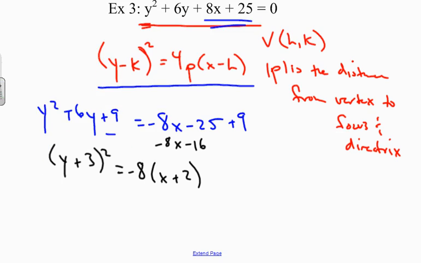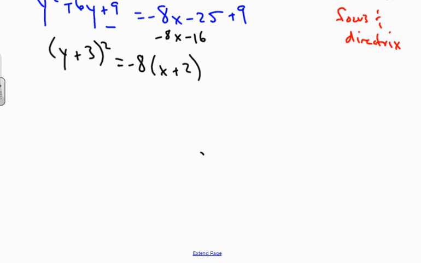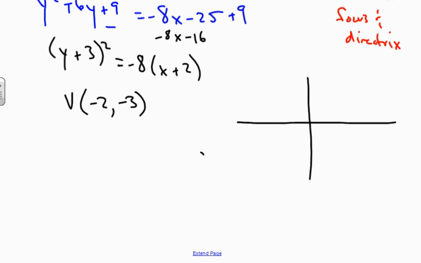So from here, what we're going to do is find all our remaining values. We have our vertex, which is located at negative 2, negative 3. And I like to graph this right away. Let's see what's going on here.